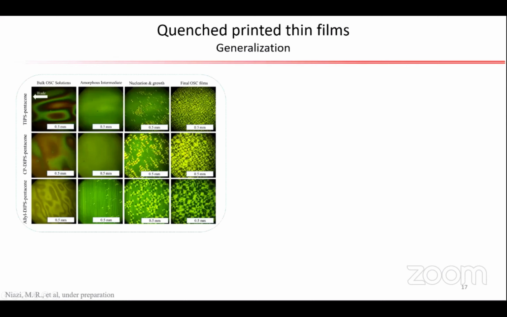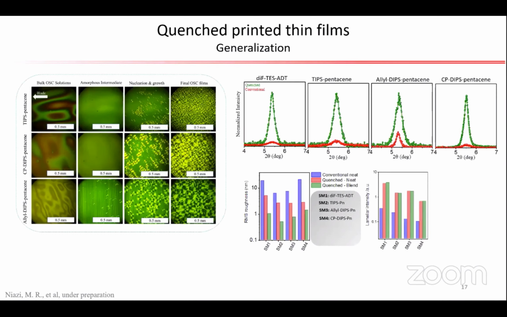All the materials, when processed through these meniscus guided techniques, go through this amorphous, dense intermediate phase, proven through high-speed optical microscopy, the time-resolved grazing incidence wide-angle X-ray scattering experiments, the XRD, and the atomic force microscopy. They all prove that the film always has superior quality as compared to when processed through conventional methods.